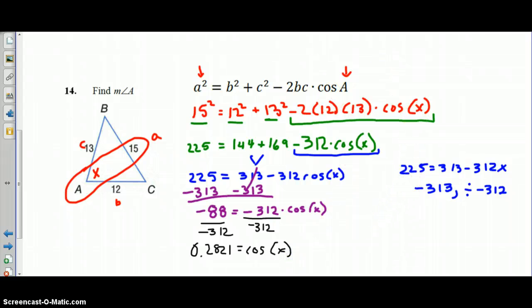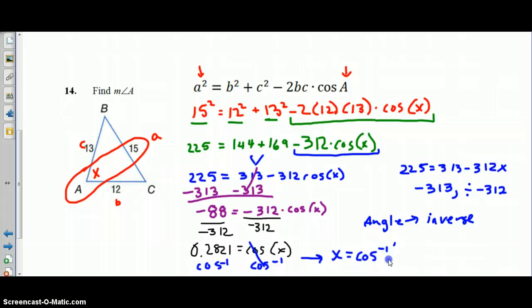Now, as we've seen in previous examples, if we are looking for an angle measure, we have to use the inverse. To undo the cosine, we can take the cosine inverse of both sides to cancel that out. And so x is equal to the cosine inverse of 0.2821.